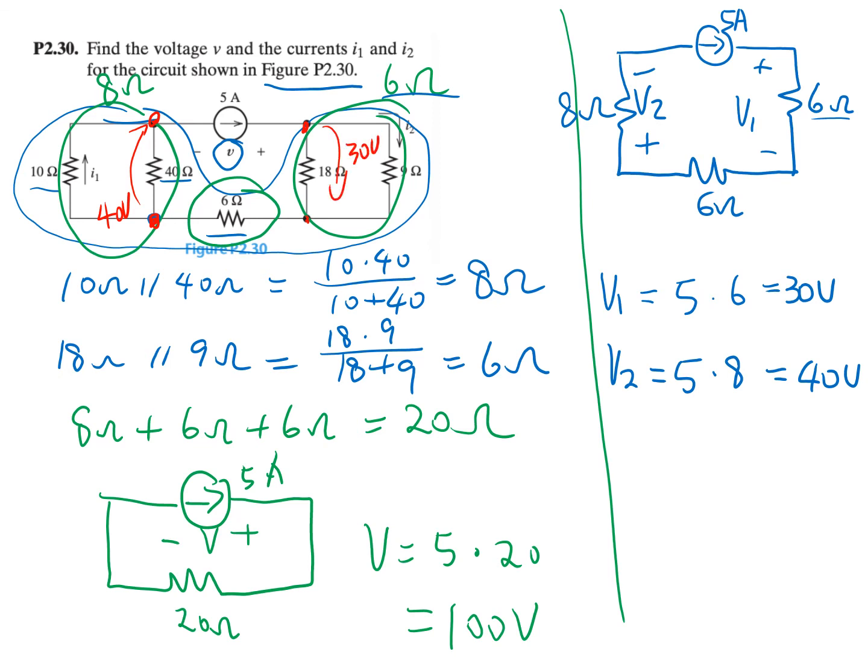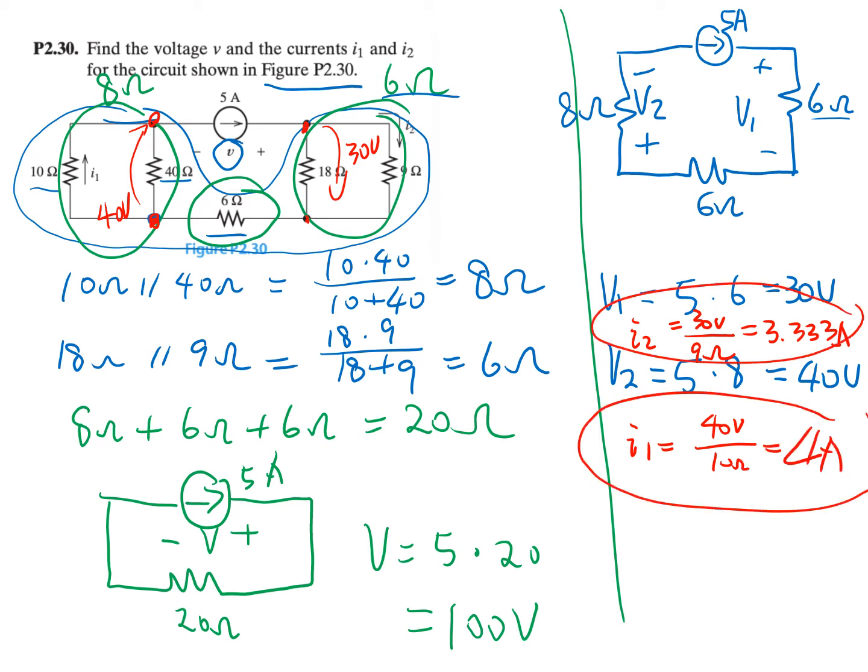So then we have I2 is equal to 30 volt over 9 ohm. That's 3.333 amp. And for this part, I1 is equal to 40 volt over 10 ohm. That's 4 amp. So that's the value we want to calculate.